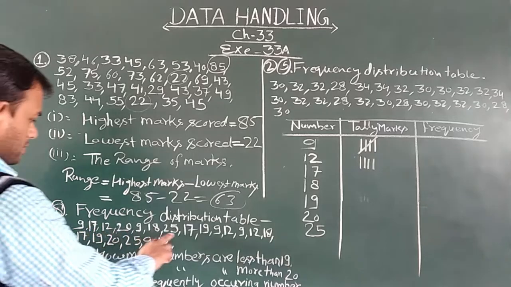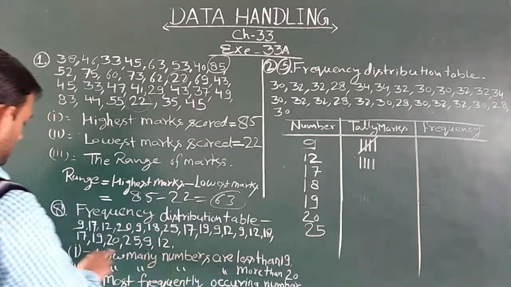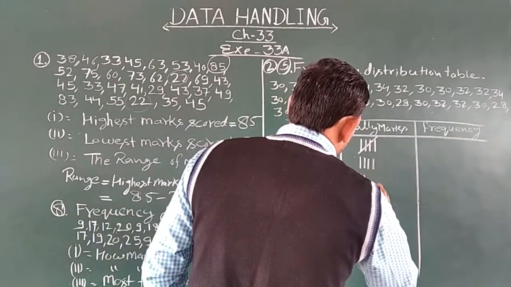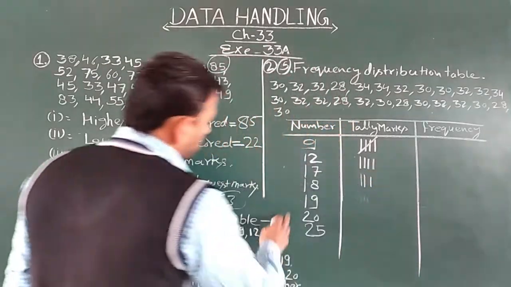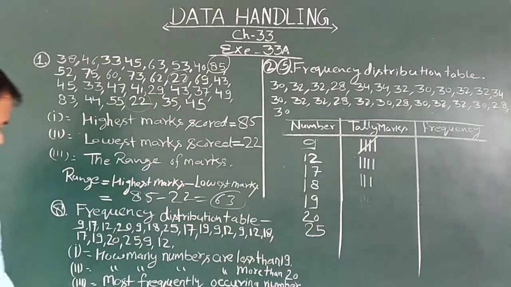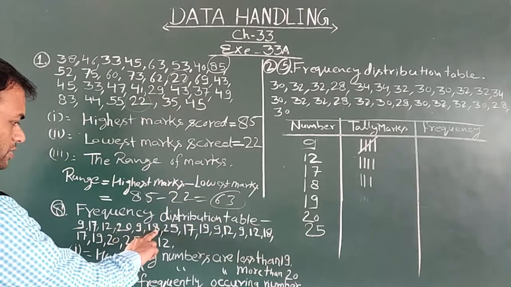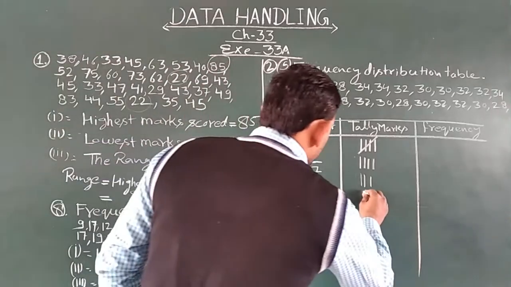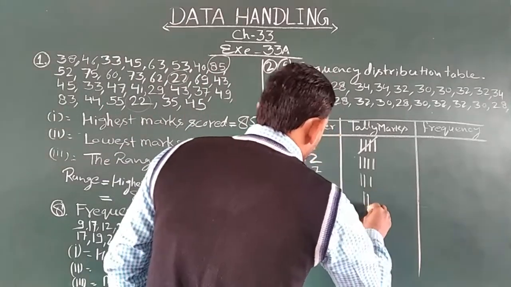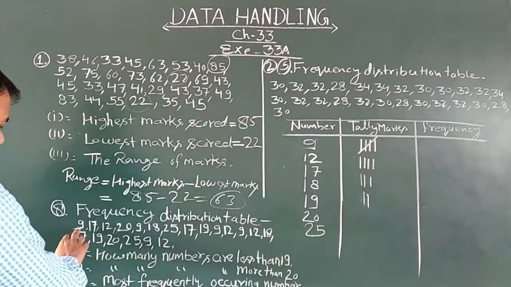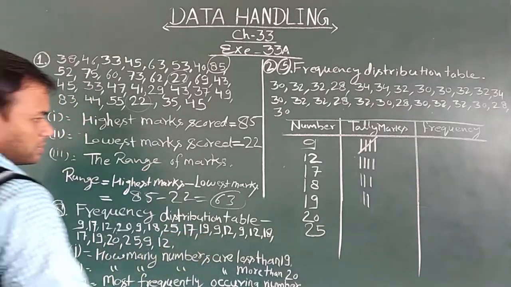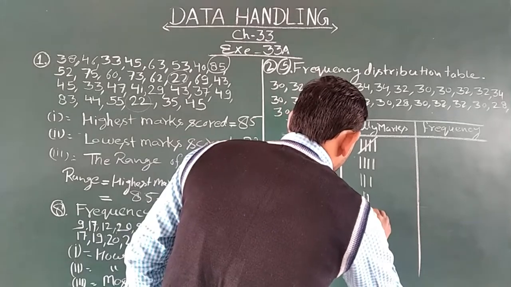Now 17: 1, 2, and 3. 3 times 17 has come, so we will draw 3 lines. After that 18 has come 2 times, so we will draw 2 lines. Now 19: 1 and 2, so again we will draw 2 lines.